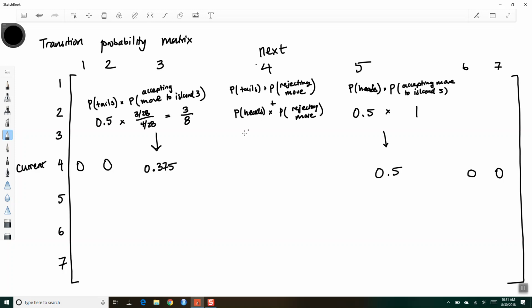So this is going to be 0.5 times 1/4 plus 0.5 times 0, right? If we flip heads, the probability of us rejecting the move is 0. If we flip tails, the probability of us rejecting the move is 1/4 because we have a 3/4 probability of accepting. So this ends up being 1/8. No surprise. 0.125.